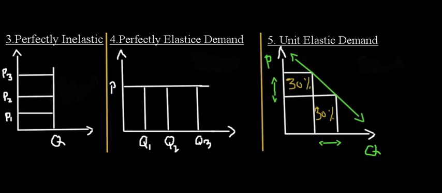If we look at perfectly elastic demand, the curve is represented by a horizontal line, and this horizontal line is the price of certain goods and services. An increase or decrease in demand will not affect its price.